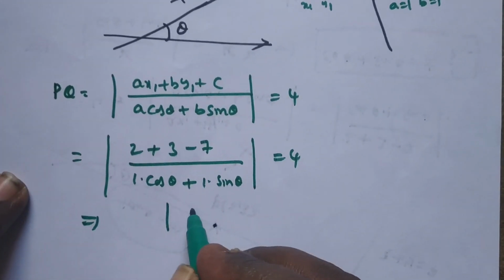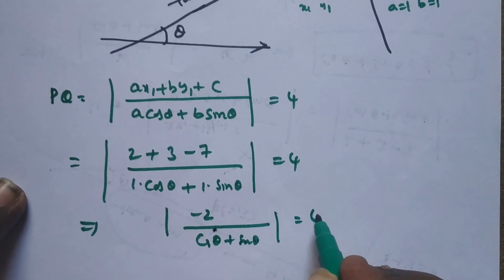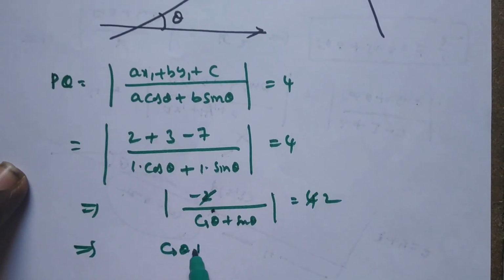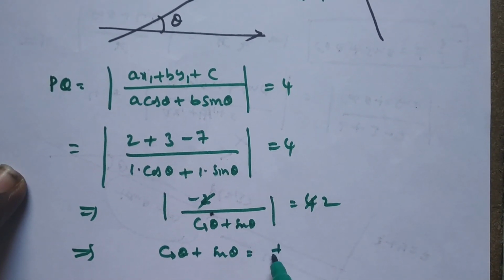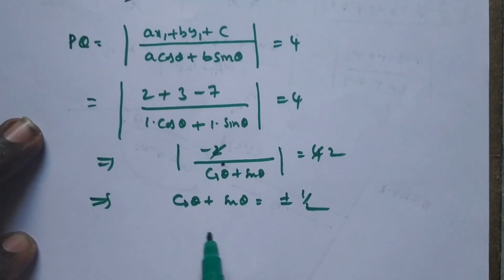This implies modulus of minus 2 by (cos theta plus sin theta) is equal to 4. So cos theta plus sin theta is equal to plus or minus 1 by 2, after removing the modulus.